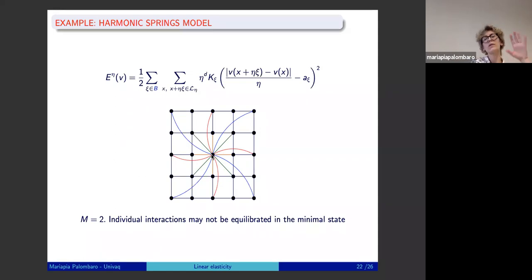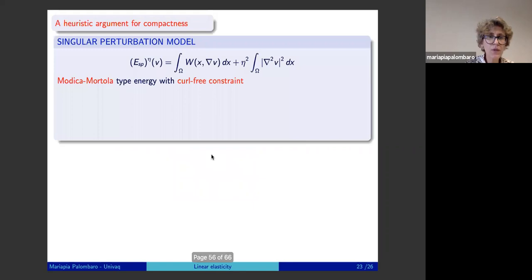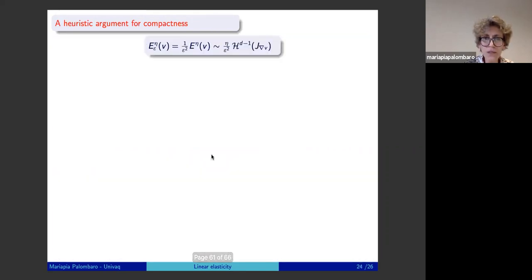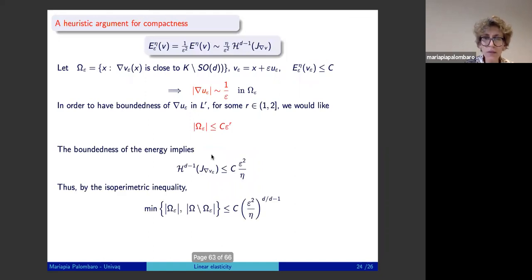So this is an example of a two-well energy that displays also what we call frustration. Do I have time? No, I don't have time to give you also a heuristic argument for compactness. So sorry, I will skip it.